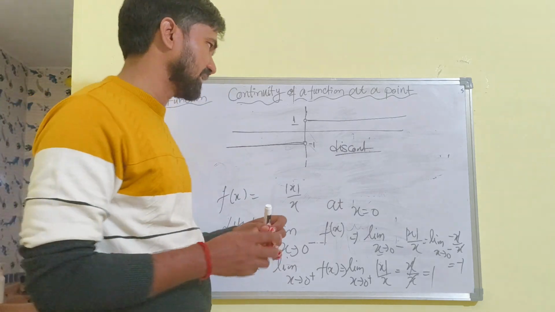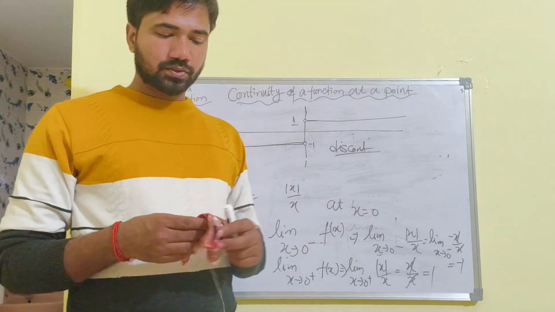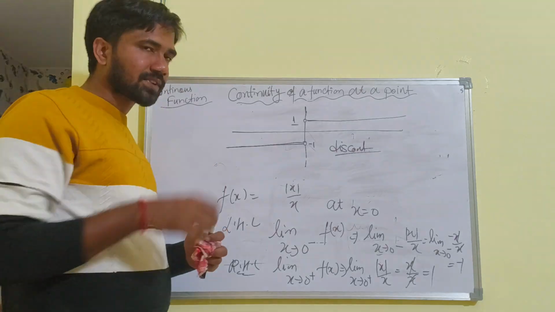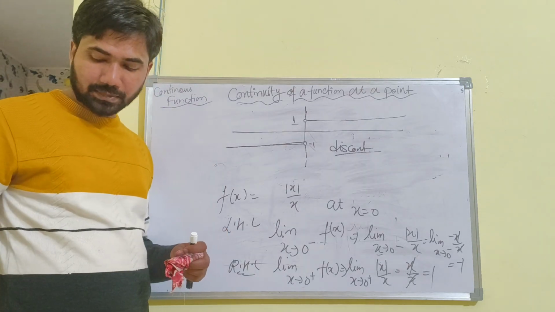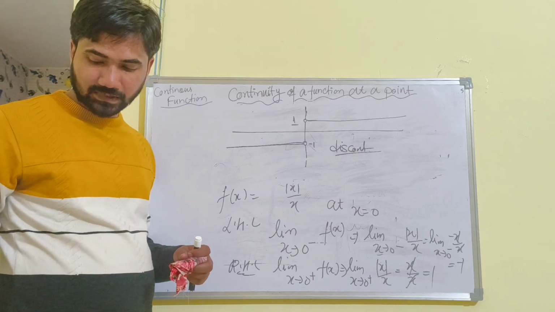Let's see the second case. I hope it is clear. The first case was: left hand limit is not equal to right hand limit, then we say the function is discontinuous.